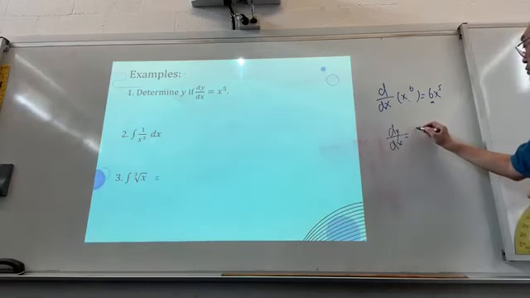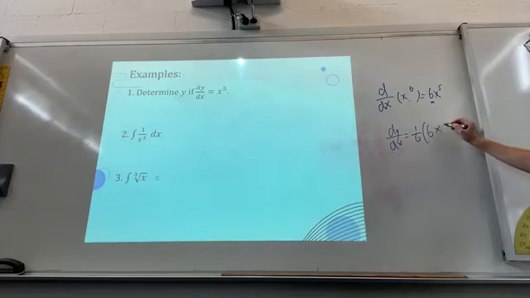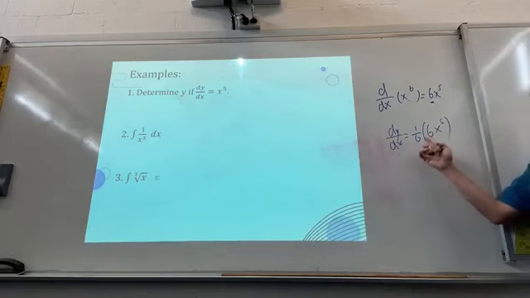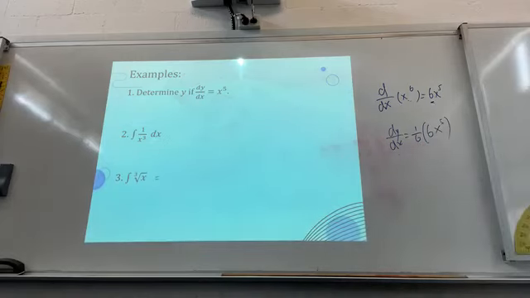It's actually equal to 1 over 6 times 6x to the power of 5. See? I have changed the appearance of it, but I haven't changed the value. I'm multiplying by 6 over 6, which is 1. So therefore, if I integrate that, I have y equals x to the power of 6 over 6 plus c. All right?